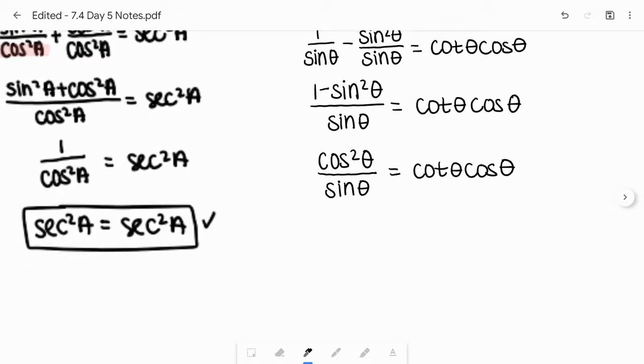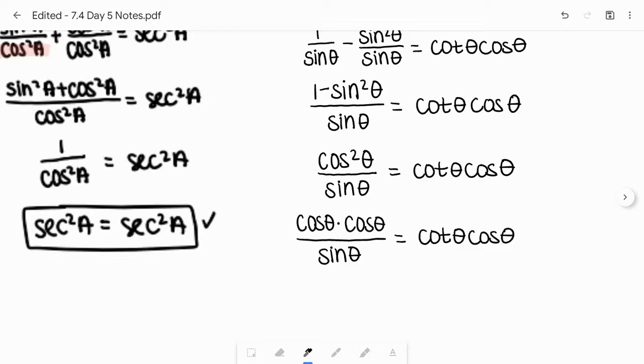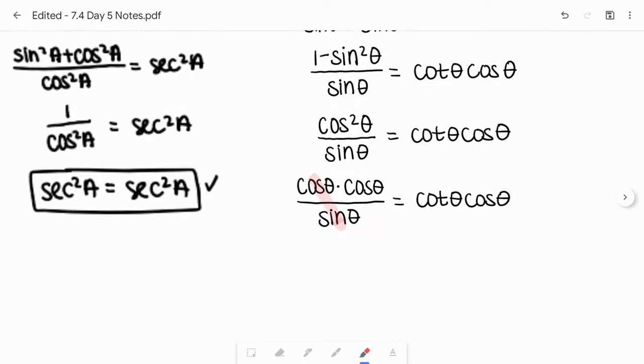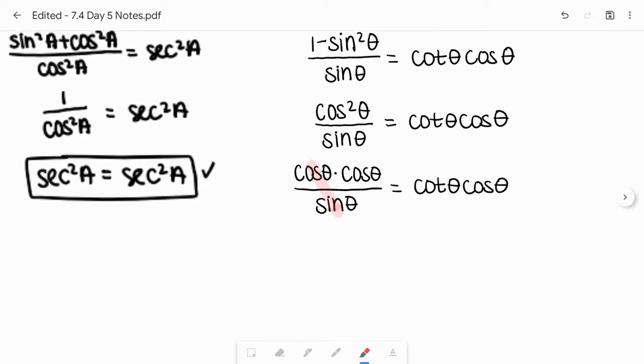Okay, now I'm going to write this out as cosine theta times cosine theta. So we've got cosine theta times cosine theta over sine theta. Okay, now if I look at cosine theta over sine theta, hopefully we can recognize that that is the same as cotangent.